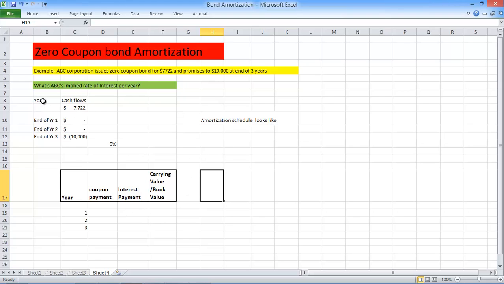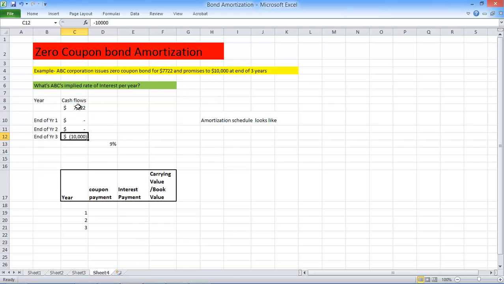This is the year, this is the cash flows. At the beginning of the year, presently, they receive 7,722. Somebody buys their bond, they're gonna pay them 7,722. At the end of year three, the investor will receive $10,000. So this is for the ABC company.